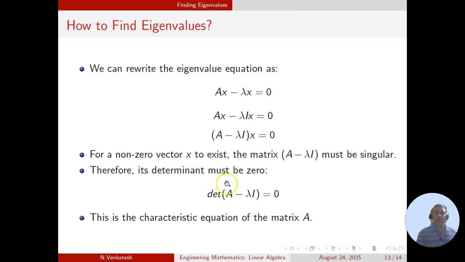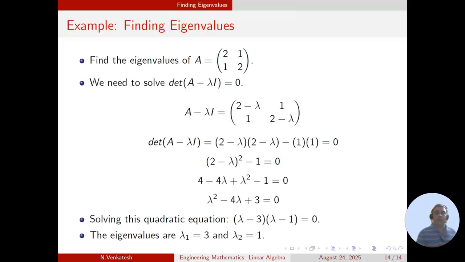So finding lambda from that characteristic equation is like finding the eigenvalues. Consider this matrix A. Now we have to write the characteristic equation, that is the determinant of A minus lambda I equal to 0. So now A minus lambda I is 2 minus lambda, 1, 2 minus lambda.